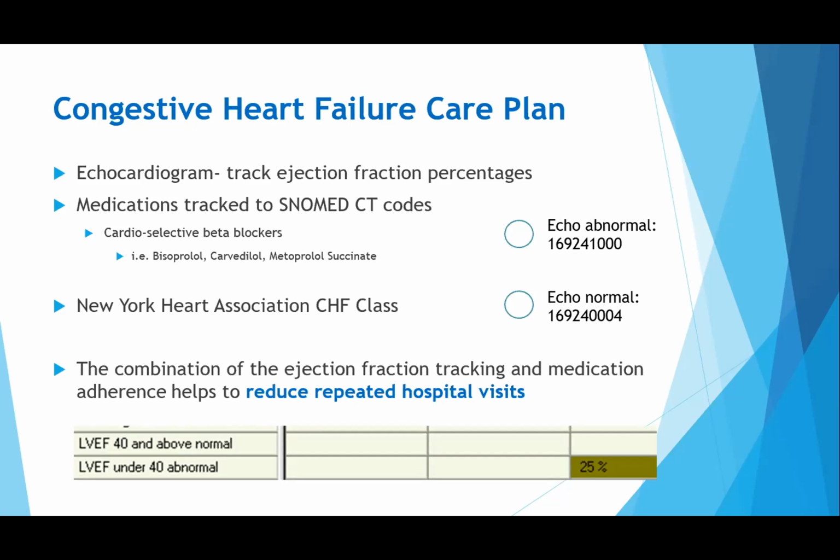And then as a result, the combination of having the ejection fraction tracking with the medication adherence, it helped to reduce repeated hospital visits. So being in a primary care and working with other managed services organizations and an accountable care organization, that is what we look at, not just the patient's quality.